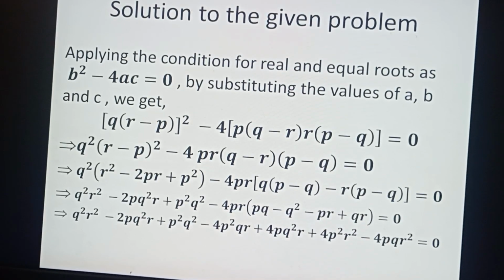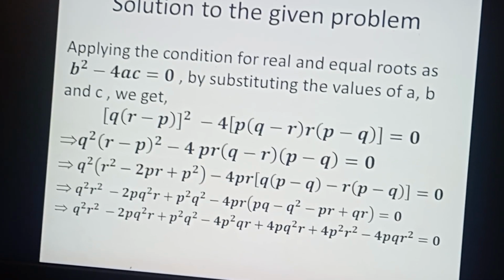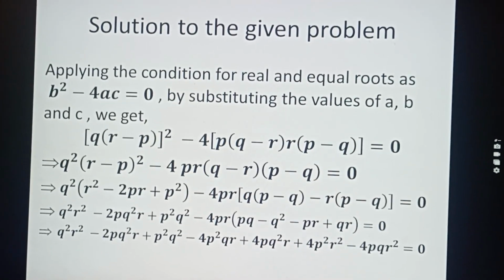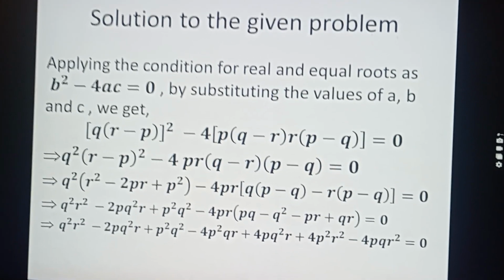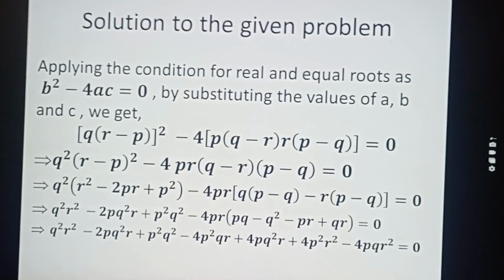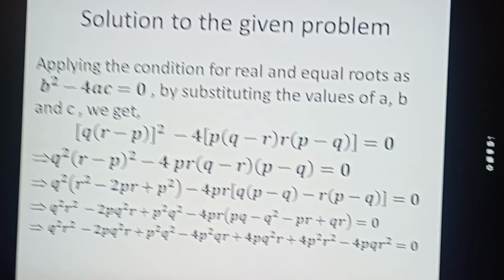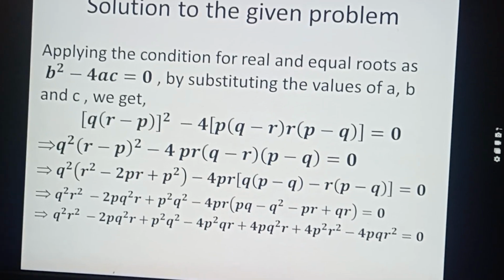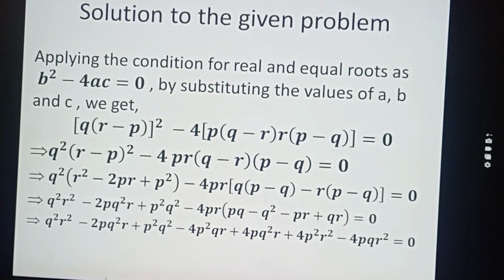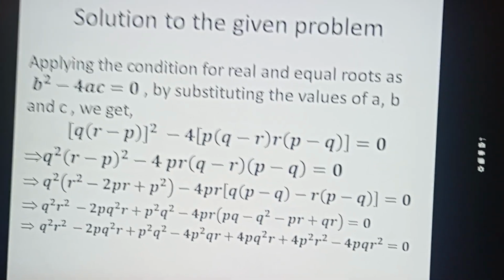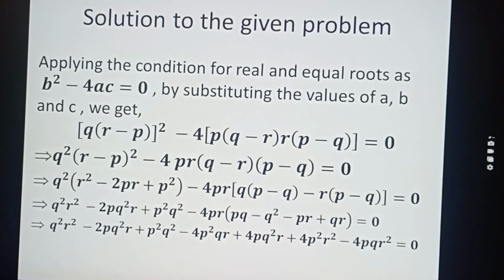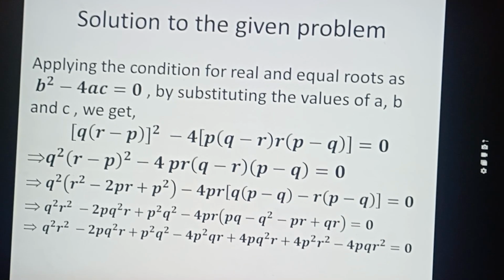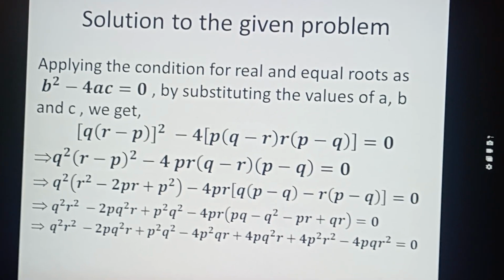So q squared into (r squared minus 2pr plus p squared) within brackets. That is one expansion. Minus 4pr, again we do the expansion of this algebraic expression. It all uses the simple concept of the distributive property for simplifying algebraic expressions. If you are not able to understand, refer to some concepts of simplifying algebraic expressions. Just go through the steps carefully.